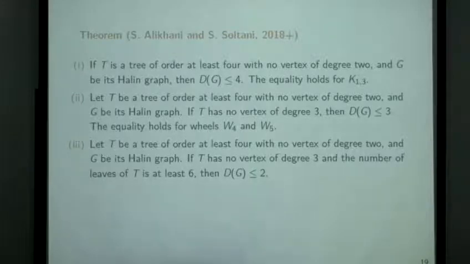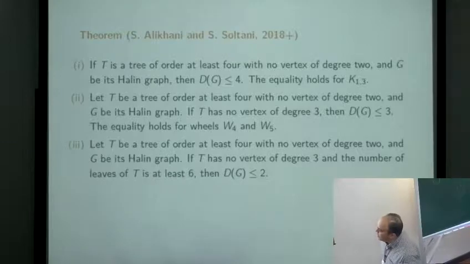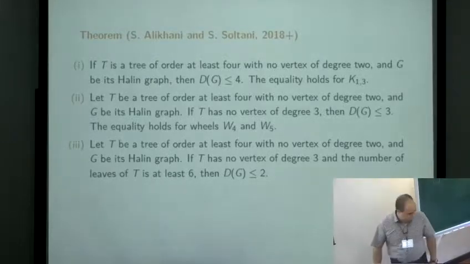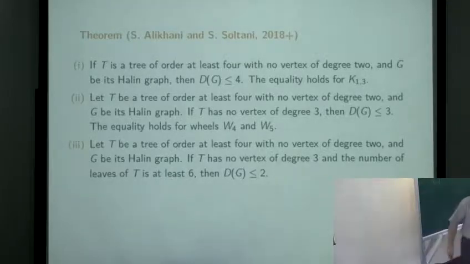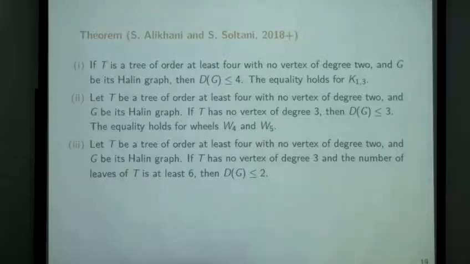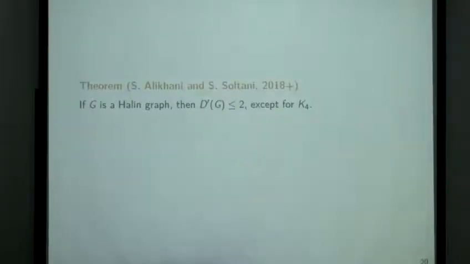And again, if we add another condition that you see here, the number of leaves of the tree is at least 6, then the distinguishing number of Halin graphs is at most 2. Okay. And this is about the distinguishing index. If G is a Halin graph, then the distinguishing index is less than or equal to 2, except for K4.